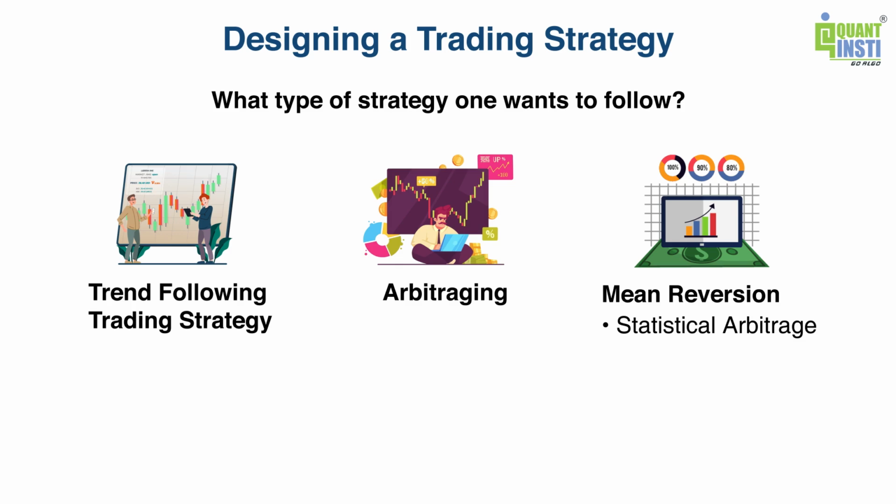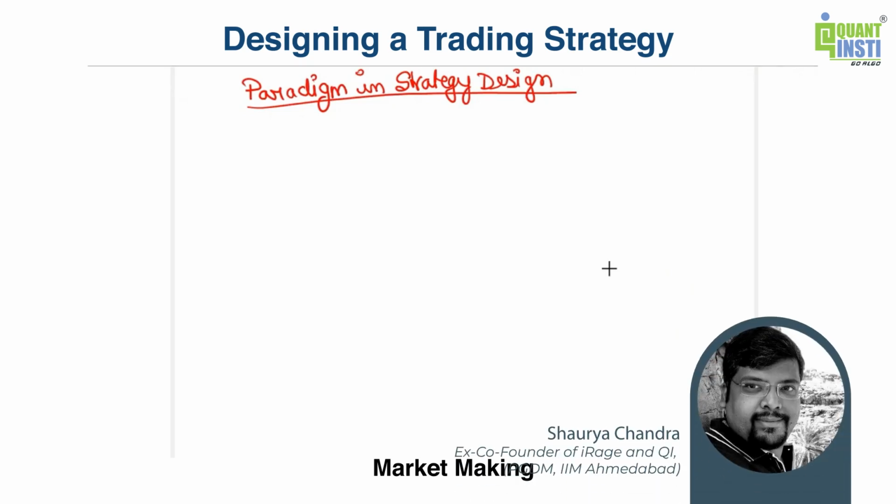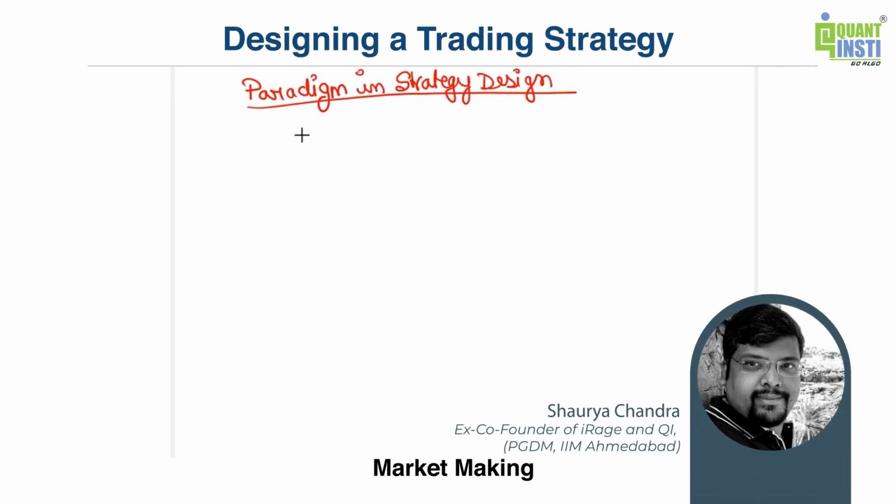Next is a market making strategy. Let me give you some idea about what a market making strategy is. A market making strategy is nothing but a condition where a trader tries to be on the bid and the ask side of the market. Suppose I am trading in Nifty futures.